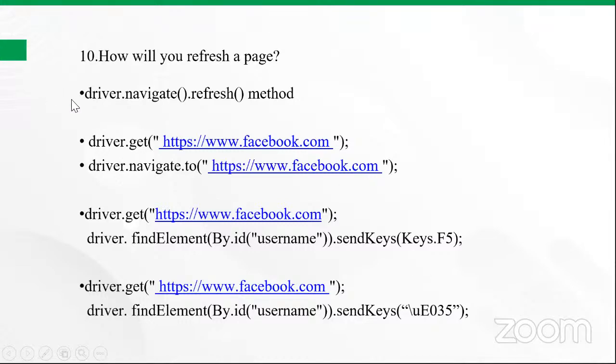So these are the main ways by which you can refresh a page: using the refresh method, using get and navigate to, and using the keyboard button F5 through send keys and also the ASCII code for F5.